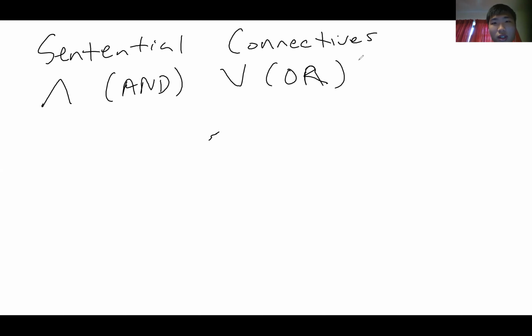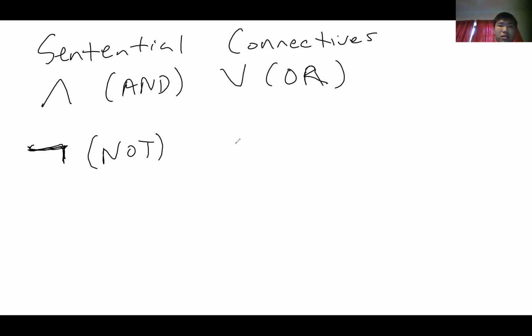There's also this symbol, I'm not sure what it's called, but it's like a sideways reflected L. And this means not. You won't see these as much in computer science or when you're programming, but they're important in logic and if you're doing math.